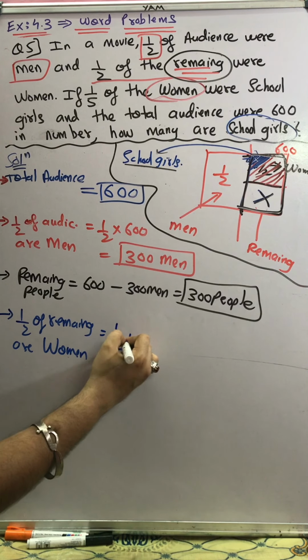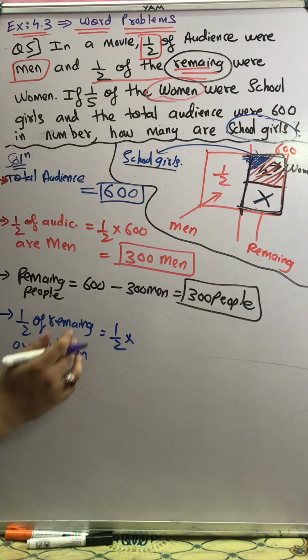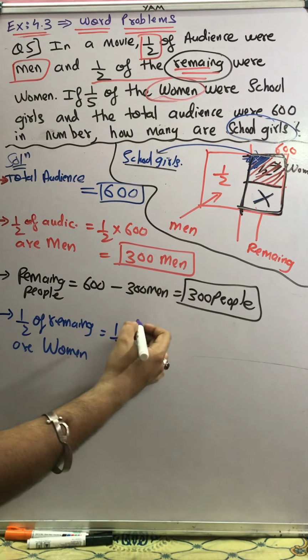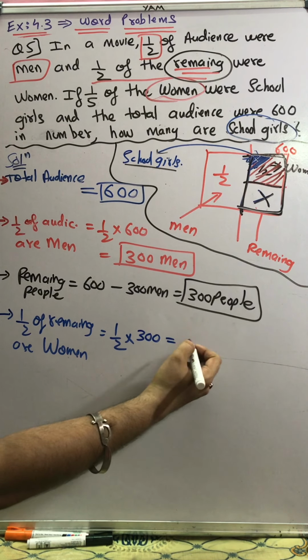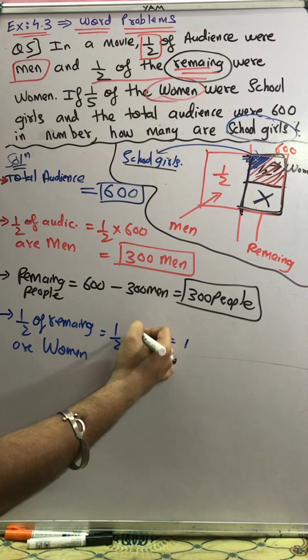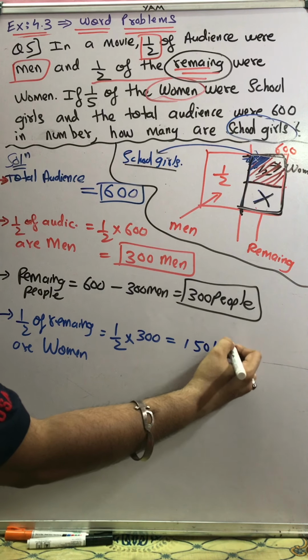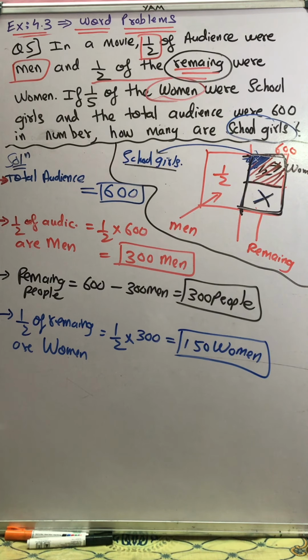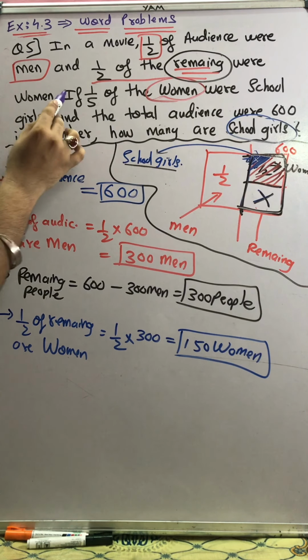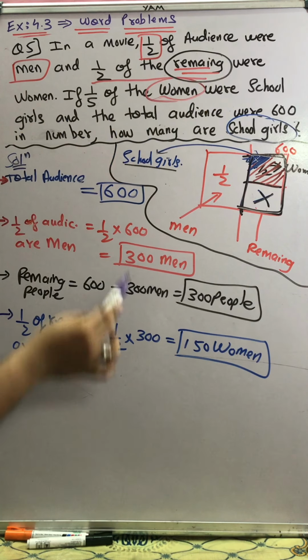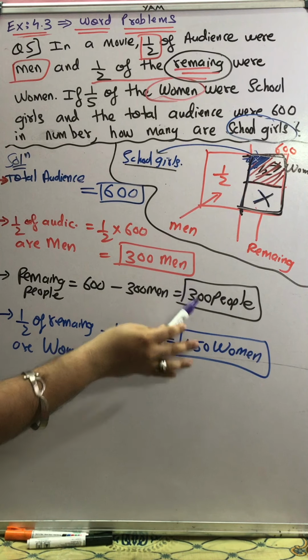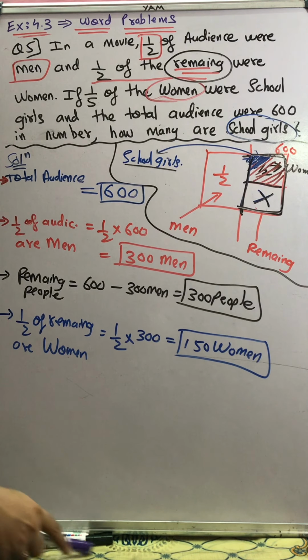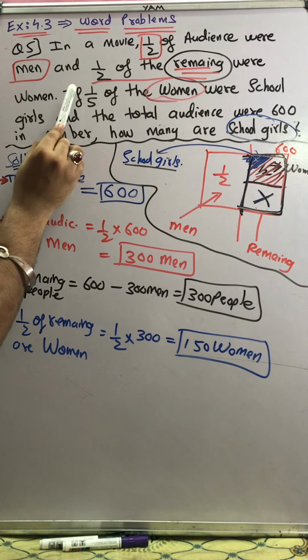So half multiplied by remaining. How many remaining people we have? 300. So half into 300 is equal to 150. So 150 are purely women. So half of the remaining were women, 150 out of the 300 remaining ones. Now let's go ahead.